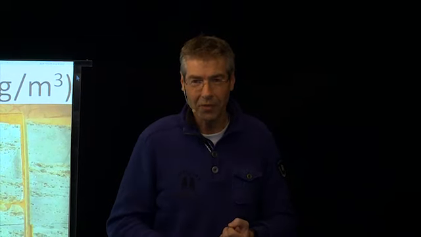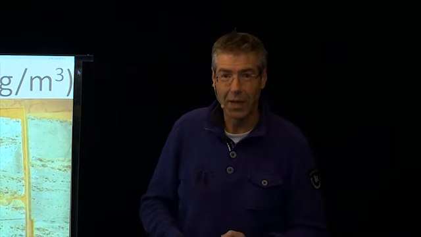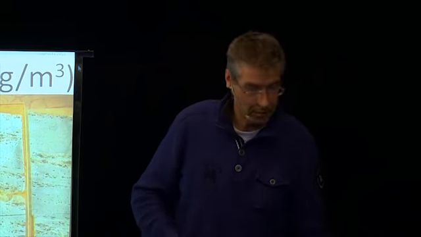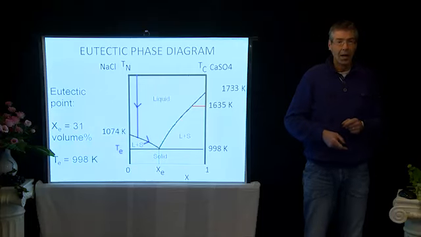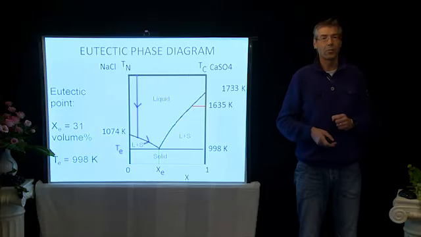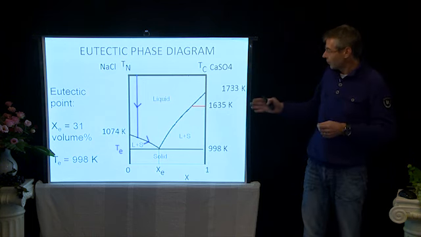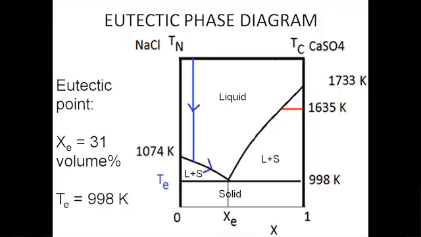How will a mixture of two hot liquid salts behave when they cool down below their melting points? And for that question, I consulted a professor from the University of Utrecht. He prepared for me this eutectic phase diagram. The vertical axis represents the temperature and the horizontal axis represents the ratio of the salt.